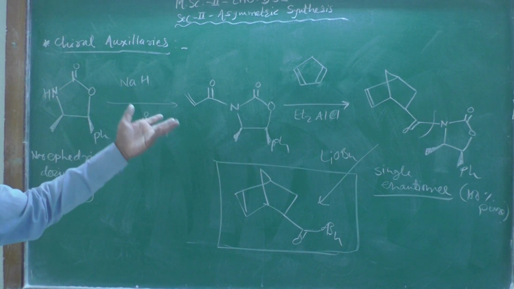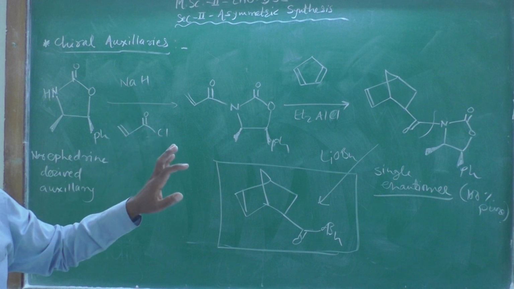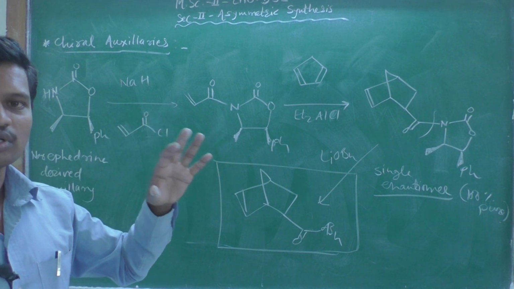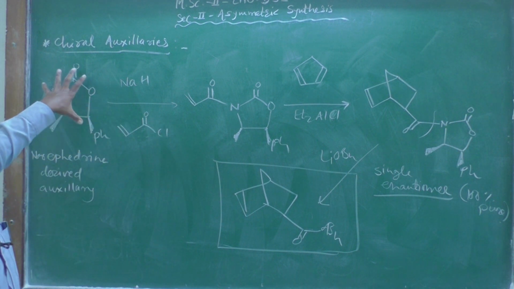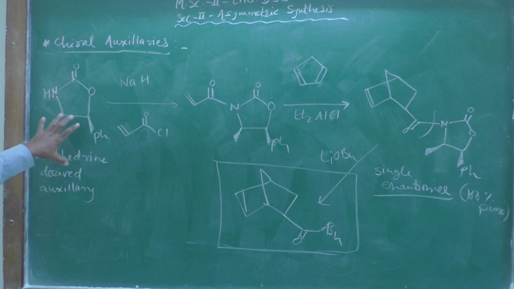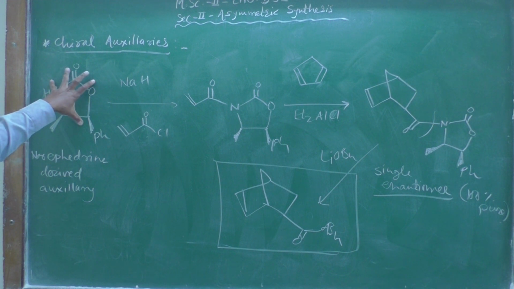So this is the use of chiral auxiliaries. Again, the concept is the same here, applicable to both. We have derived this chiral auxiliary from norephedrine, which is a natural product.